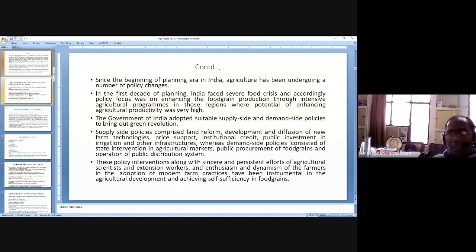Then institutional credit is one of the major obstacles and an important component for any agriculture situation. Whether a marginal farmer, small farmer, middle farmer or large farmer, they want some type of credit support.